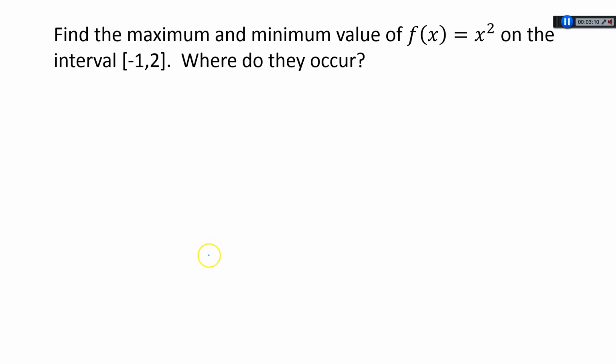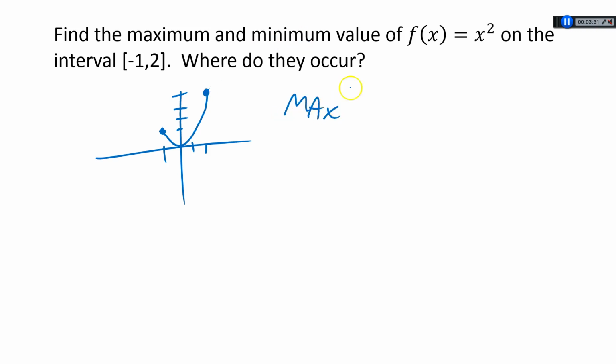All right, so find the maximum and minimum value of f of x equals x squared on the interval [-1, 2]. Where do they occur? Well, let's graph it. Here's -1. When I plug that in, I get 1. This is just x squared, so it's going to come down, and it's going to turn back up. And then at 2, we're at 4. So it looks like our max value is going to be 4, and that happens at x equals 2.